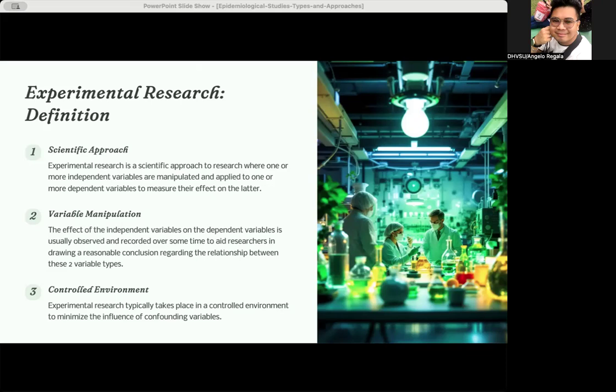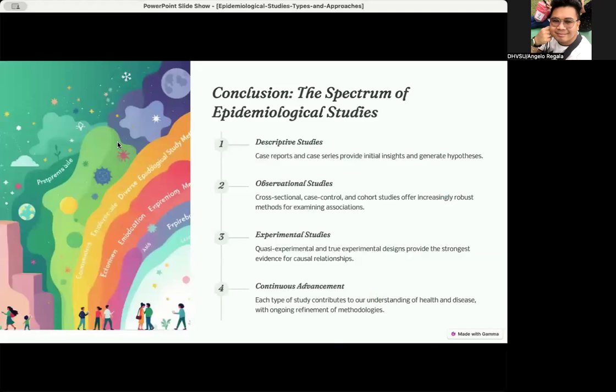Okay, so experimental and quasi-experimental studies are very tedious and have a long process. So in short, when we talk about epidemiological studies, we have descriptive, case control, and case series, which provide initial insights and can be used to generate hypotheses.